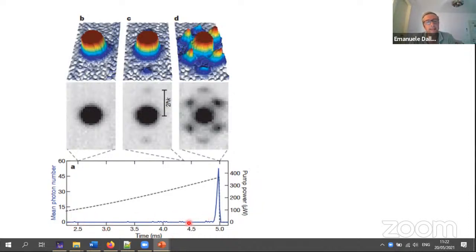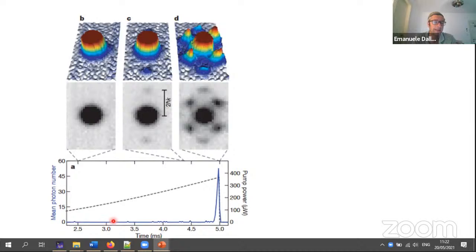Function of time means that they start with zero pump intensity and increase the intensity of the pump as a function of time until they cross the transition. So you see this sudden jump here. This is the place where the transition occurs. What is shown here is the mean photon number. You can either look at the atoms and see that they go from the BEC to this odd-even potential, or you can look at the photons coming out of the cavity, which is a proxy for the number of photons in the cavity.